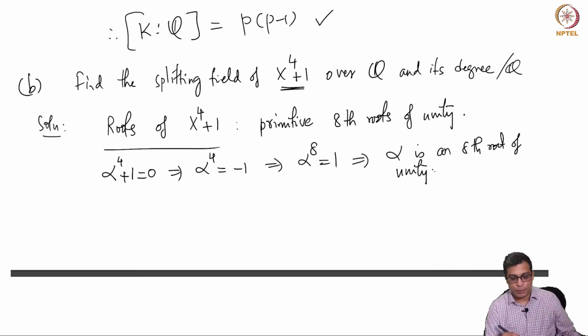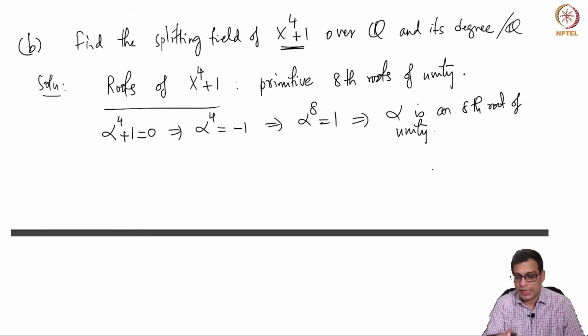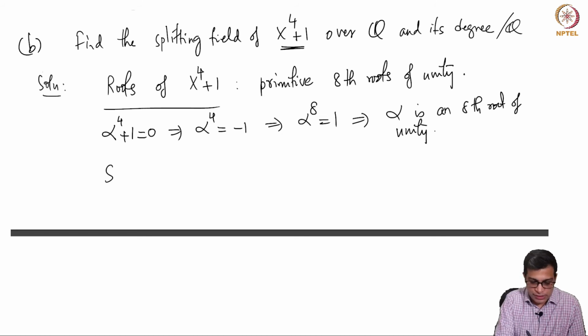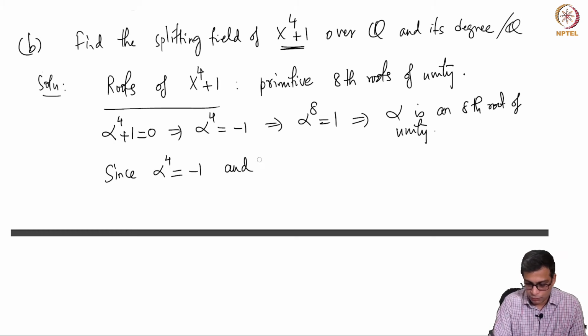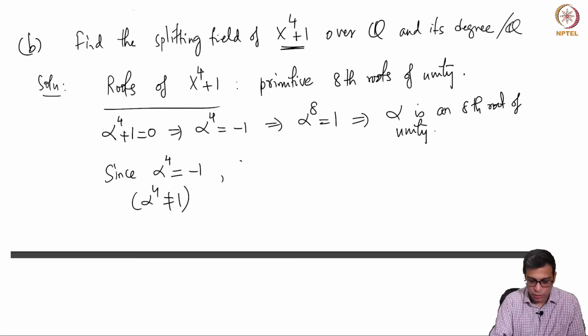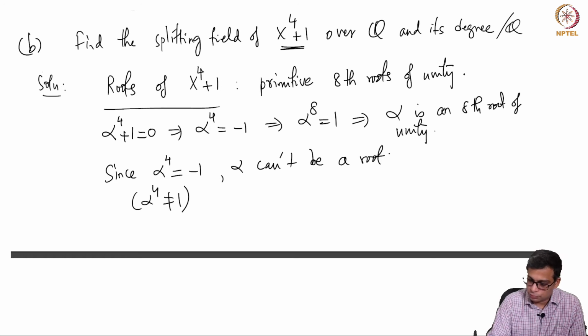But if it is not a primitive 8th root of unity, for example, i is an 8th root of unity, but i^4 is 1, so i^4 + 1 is not 0. Since alpha^4 is equal to -1, alpha^4 is not equal to 1, so alpha can't be a 4th root.